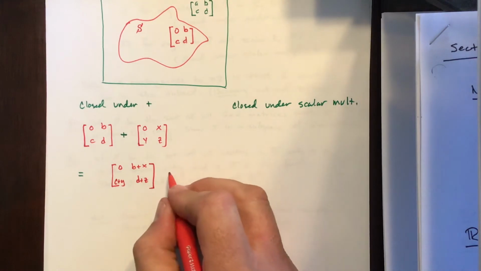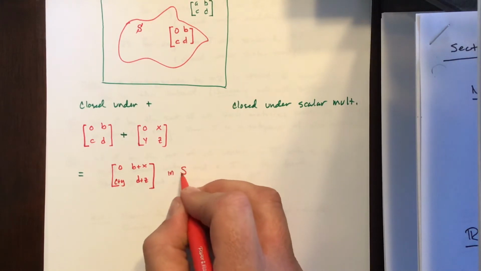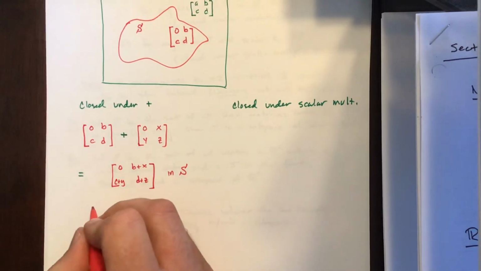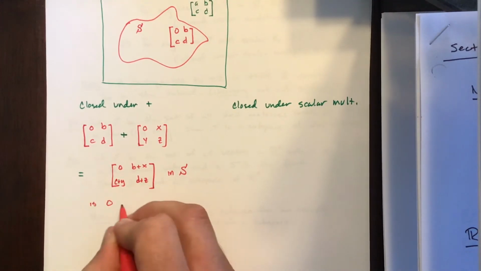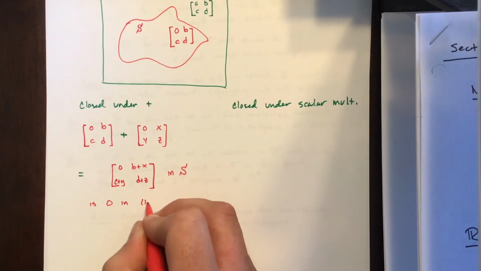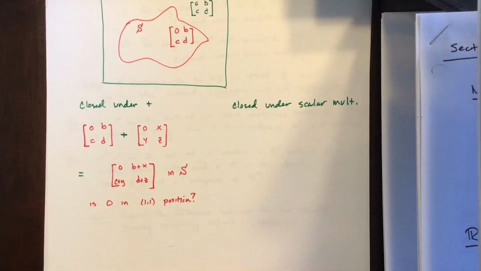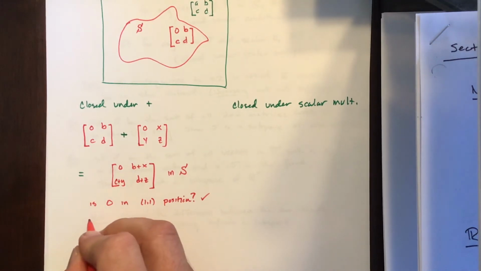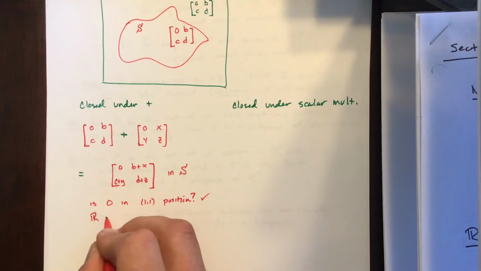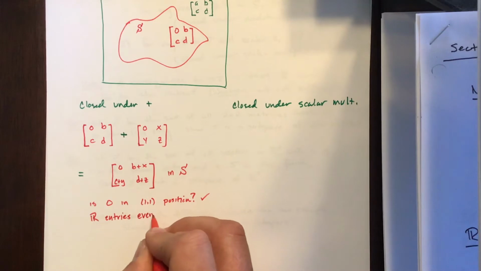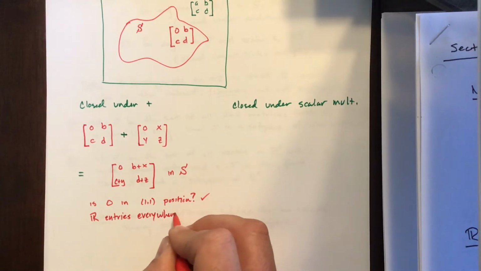Well, there are two things to check. Is there a 0 in the 1, 1 position? The answer is yes, in row 1, column 1 there is a 0. Are there real entries everywhere else?